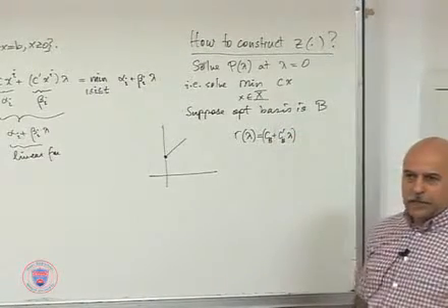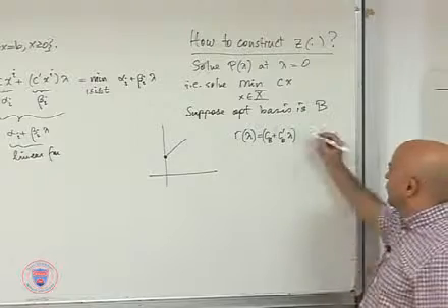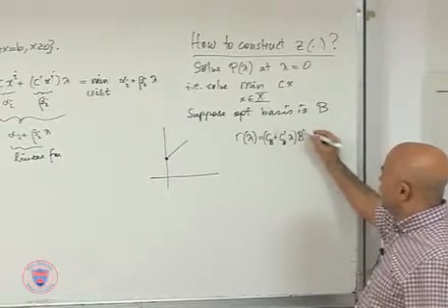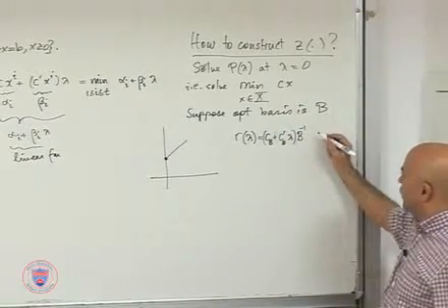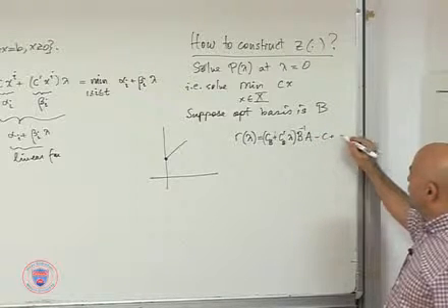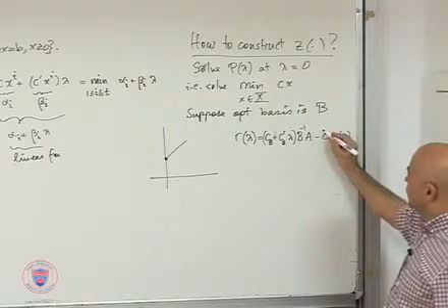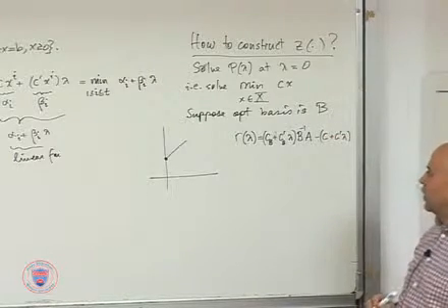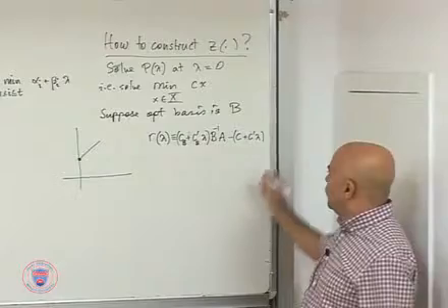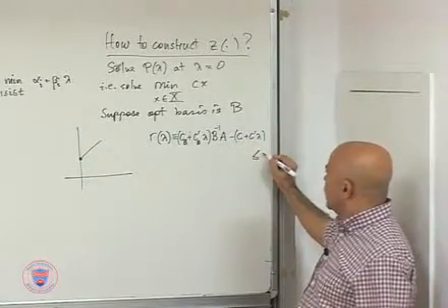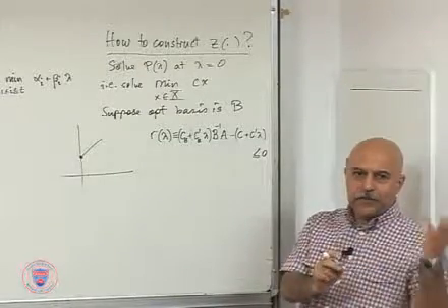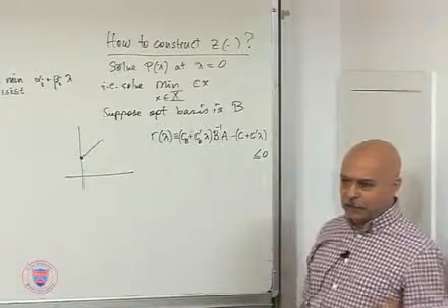That's your c_B as lambda is varying, times B inverse, which is not dependent on lambda, times A, minus c, which is c plus c prime lambda. That's your reduced cost vector, by definition. You want this to stay less than or equal to 0 for a certain variation of lambda from 0 up to whatever value it can get to.